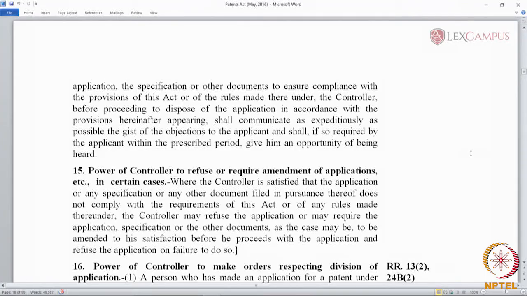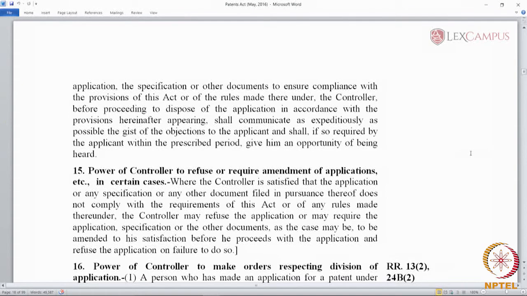So, this will be communicated to the applicant. Section 14 is only a process by which the controller can intimate the objections and call the applicant for a hearing. Section 14 does not give the power to pass any orders. There is no order that can be passed under section 14.